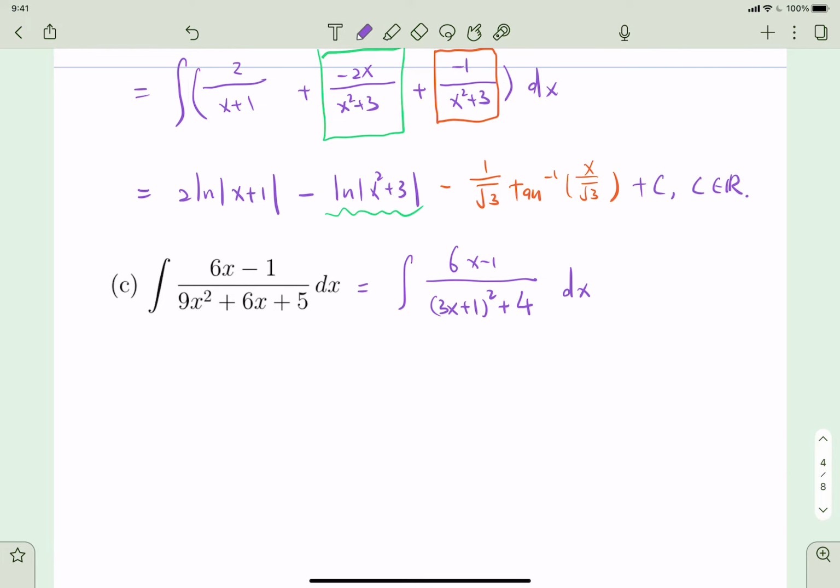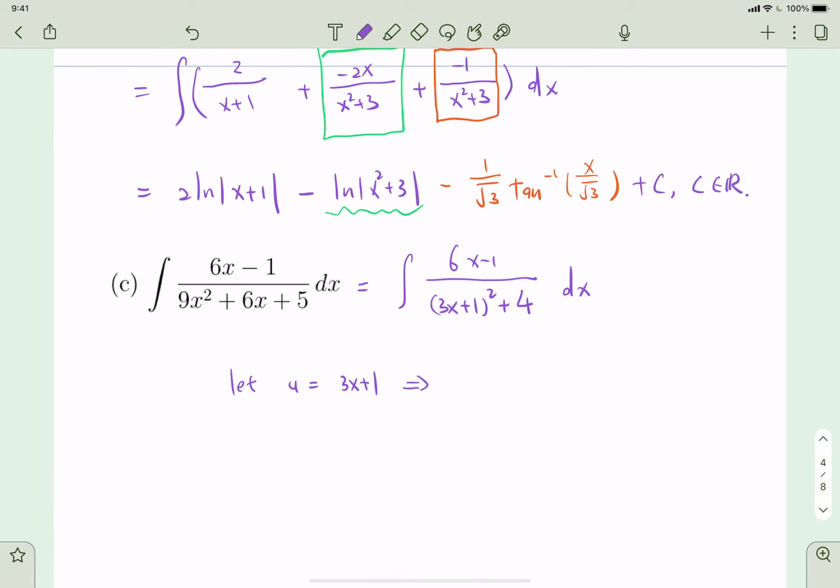Observation here tells us, so we let u equal 3x plus 1, right? So that du is going to be 3 dx, and we have dx equal to 1 over 3 du.